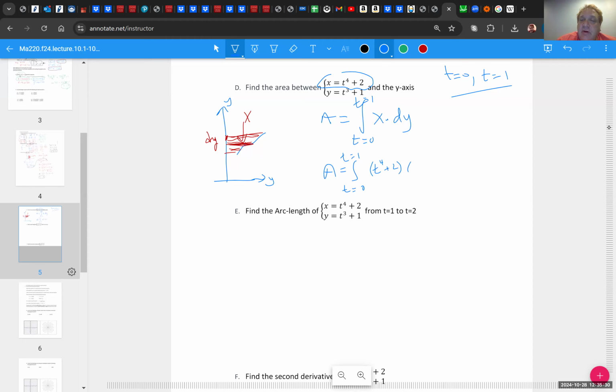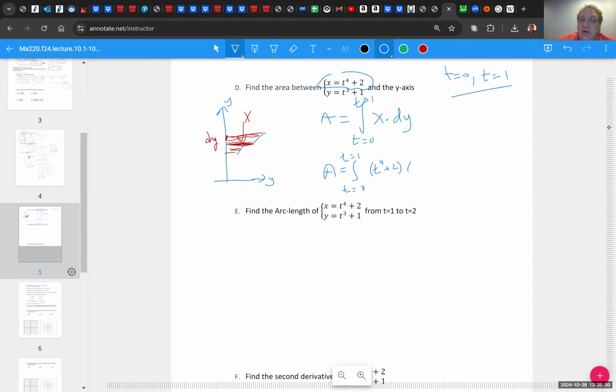All right, so let's actually solve the problem using this formula. Our arc length, our distance, is from t0 to t1, which is two different t values, from 1 to 2, of the square root of (dx/dt) squared plus (dy/dt) squared. Now, we've done dx/dt before, but I was on a different page, so I have to do it again.